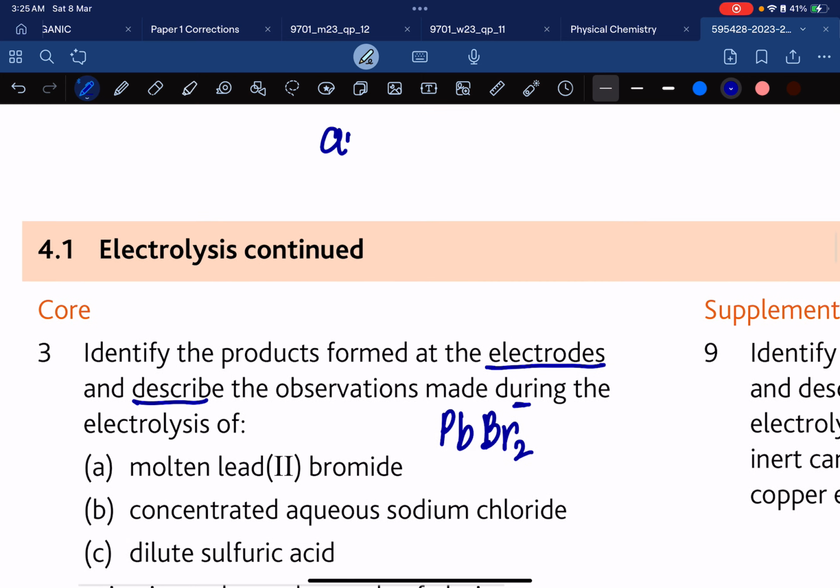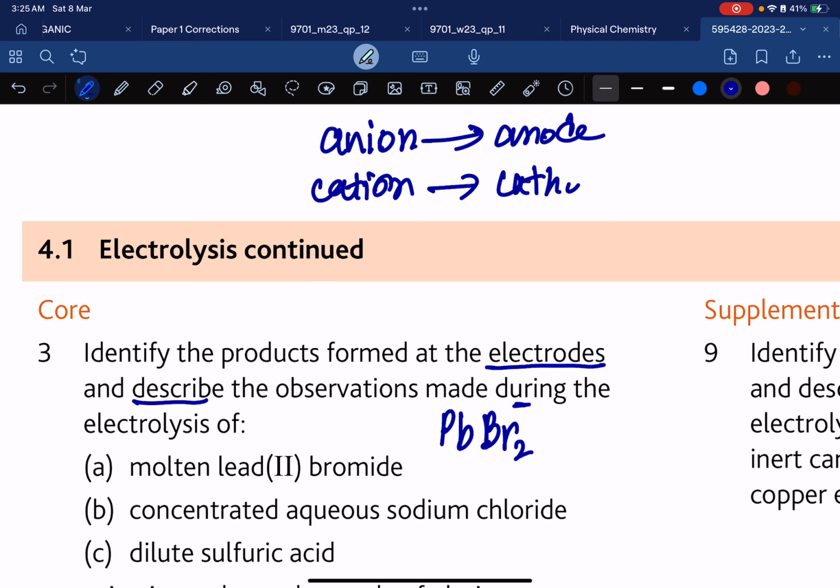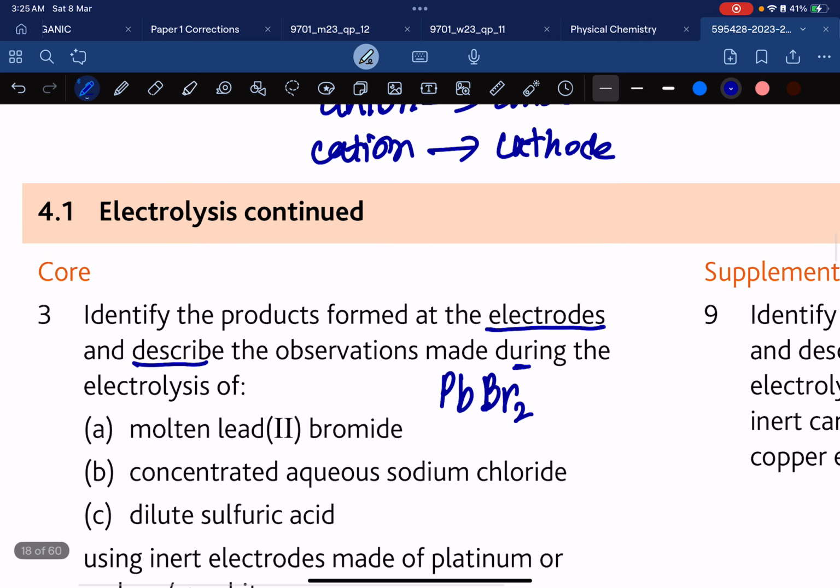Remember this, anion moves towards the anode and the cation moves towards the cathode. So at the anode, you'll see a red-brown gas with a pungent smell, and at the cathode, you'll see lead 2 solid or crystals form.